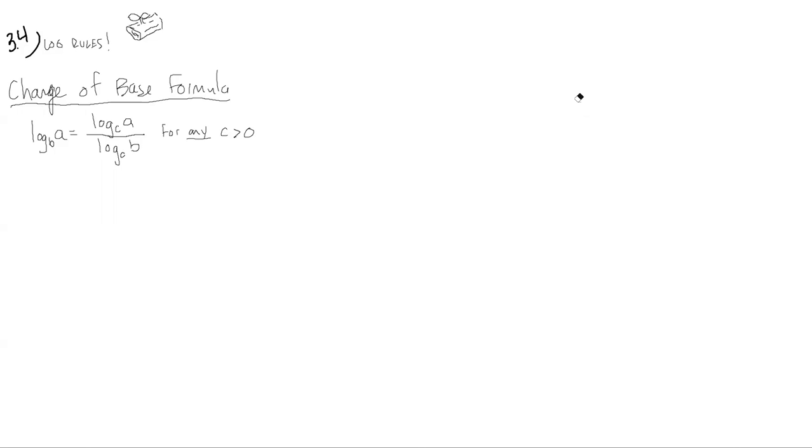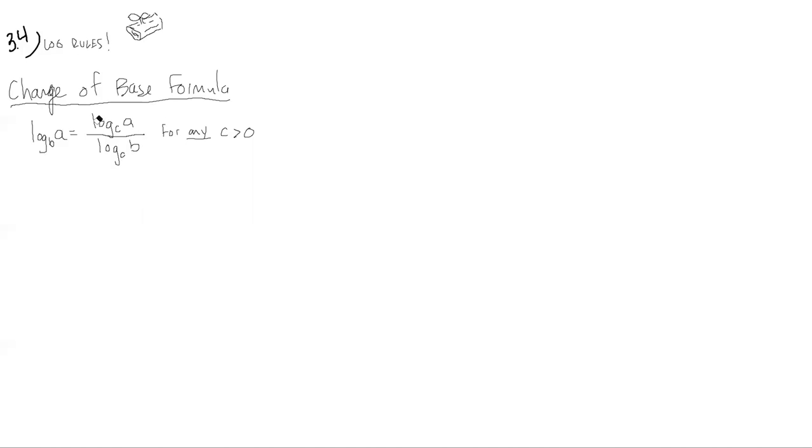So what you can see is, if we have any logarithm log base b of a, what we can do is rewrite it as a quotient of base c logarithms. We take the a and put it inside the top logarithm, and then the b goes inside the bottom logarithm.